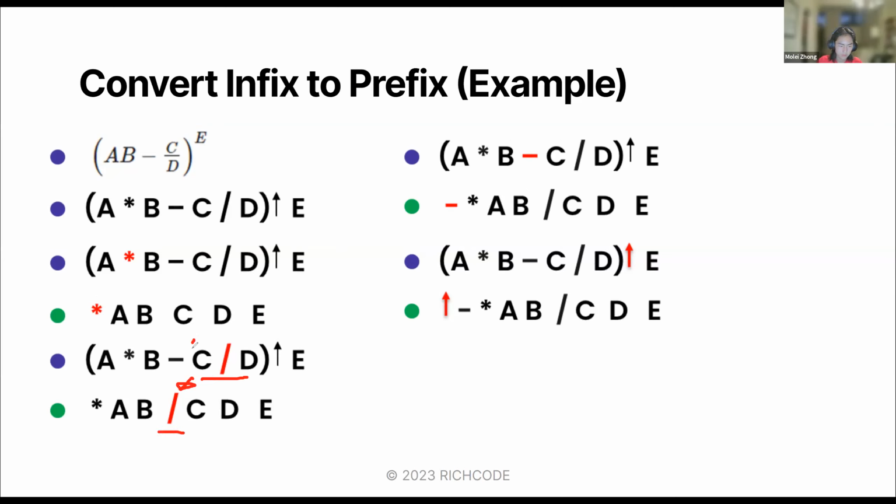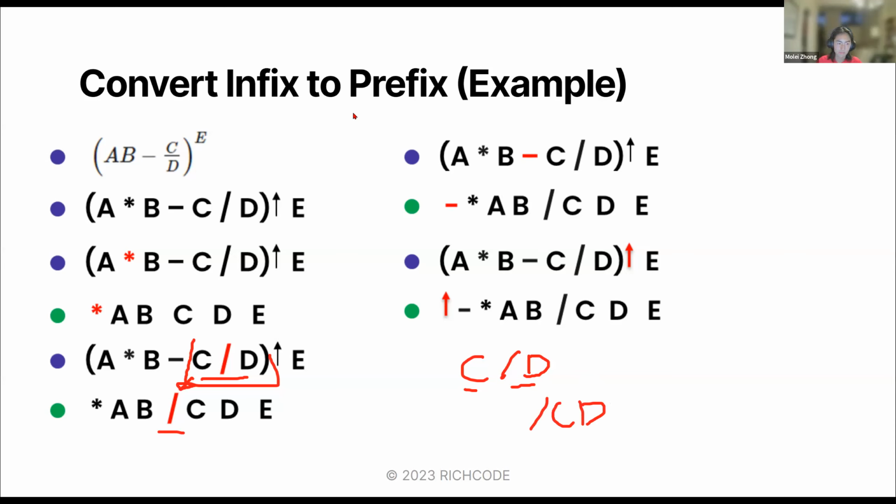So let's just look at this term, C divided by D. The two operands are C and D, and your operation is divided by. So you just have divide CD.